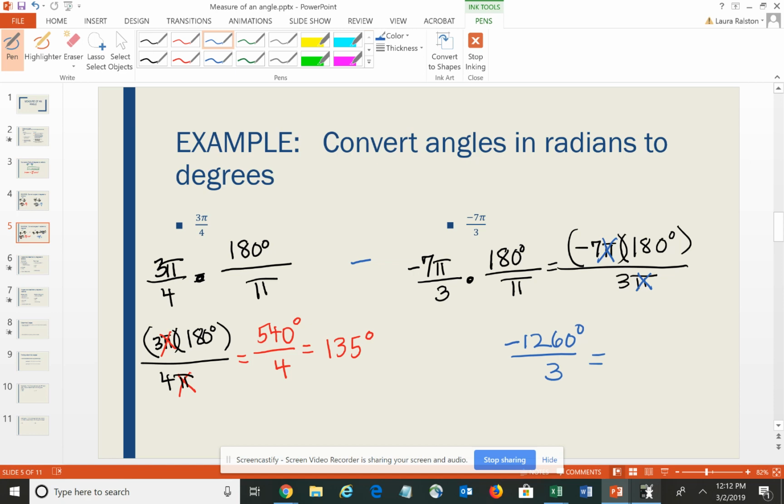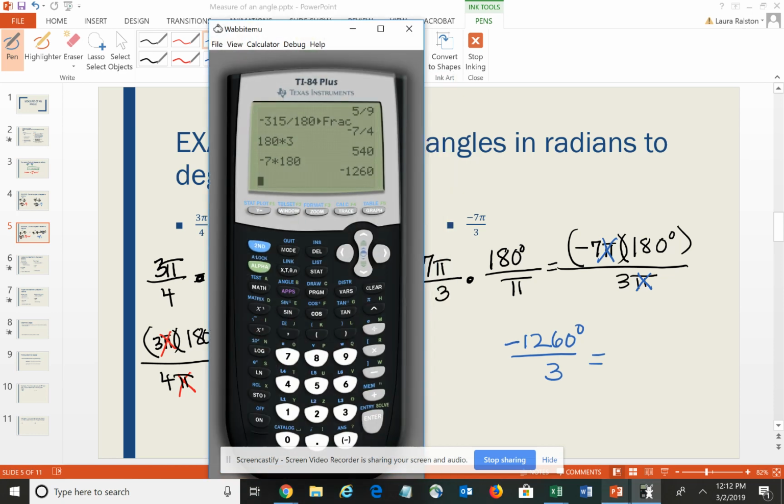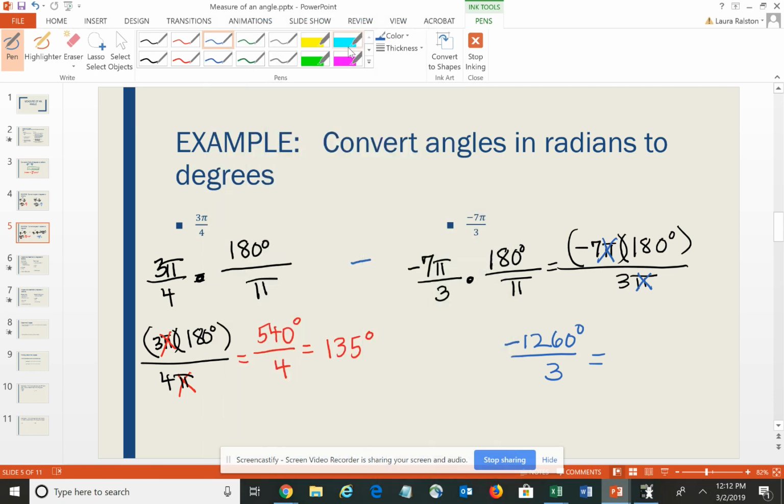Okay, so then I need to do that division. So I'm going back to my calculator. I'm going to divide by 3, which gives me negative 420. Okay, so I have negative 420 degrees. So negative 7 pi thirds corresponds to negative 420 degrees.